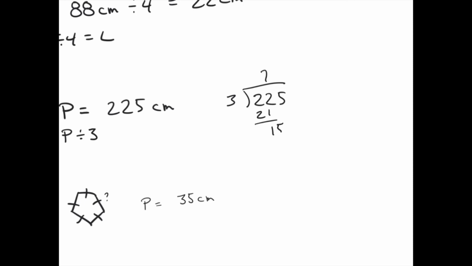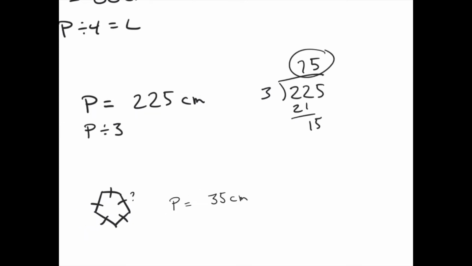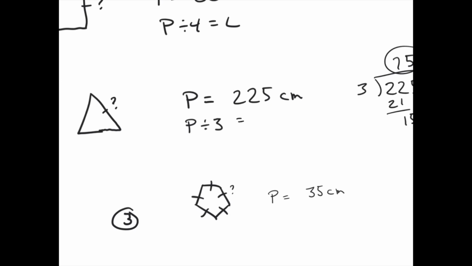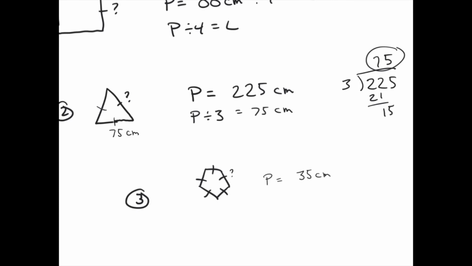So our total here is 75 centimeters, which means our side lengths are each 75 centimeters. 225 divided by 3 equals 75.